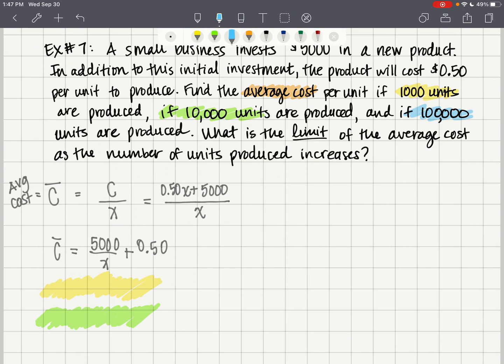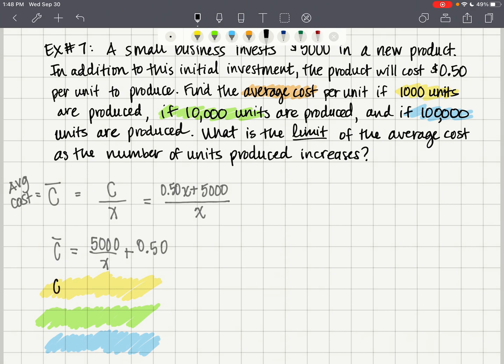So that little bar on top, that little segment that's above the C, we call that bar, B-A-R, like the bar that ballerinas use.